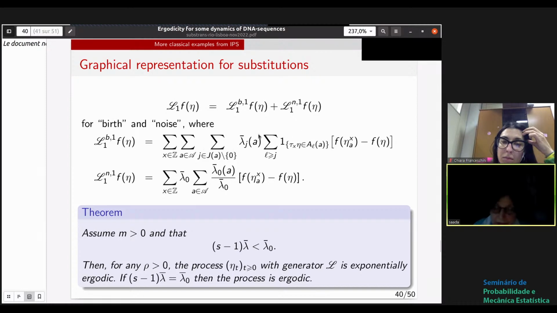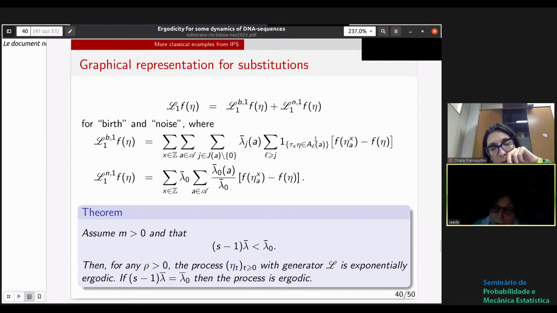And then we get this form here for L1, which is the sum of two generators. First, a part with the lambda bar J for J different from 0. And then here we have lambda bar 0 of A over lambda 0, and then we multiply and divide by this lambda bar 0, which is non-zero because we did assume that M is positive.